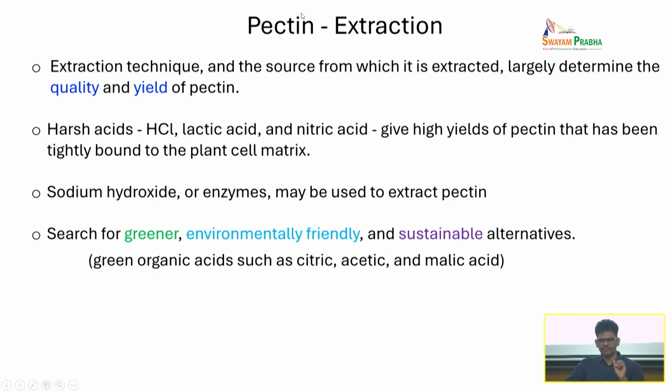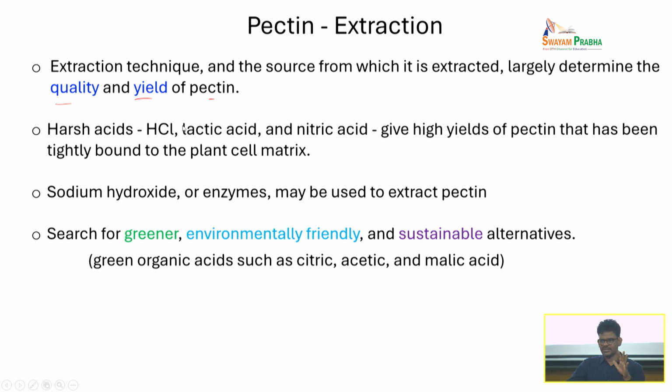Now, if you look at how pectin is extracted, the quality and the yield of pectin can be quite different based on the extraction technique and the source, whether it is apple or citrus. By quality we mean the percentage of homogalacturonan, rhamnogalacturonan and others, and yield means for every 1 gram of raw material, how much pectin I can extract. Both of them depend on the source and the extraction technique.